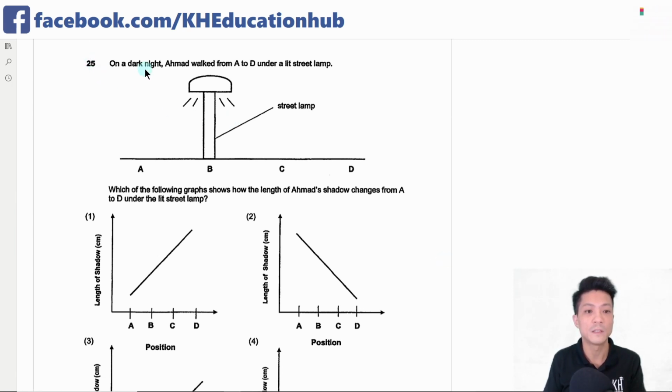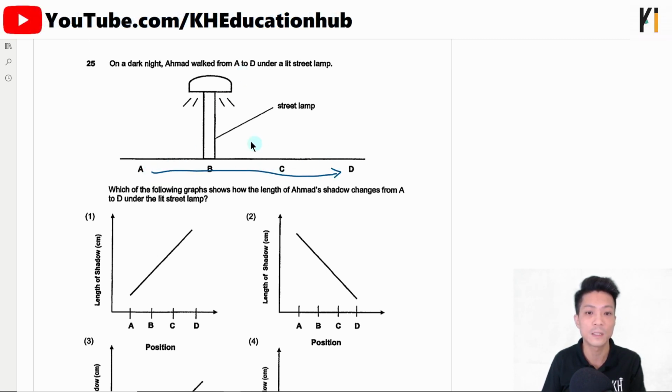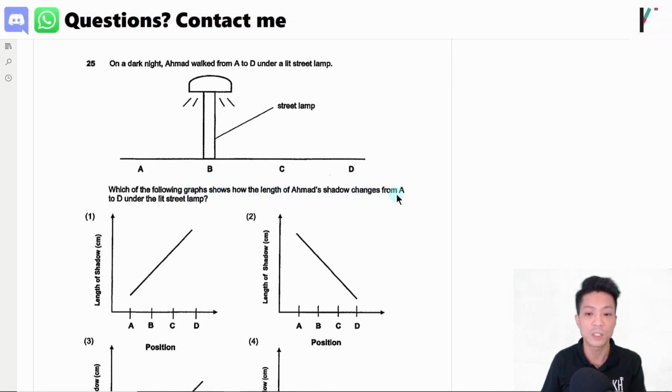Question 25. On a dark night, Ahmad walked from A to D, so from here to here, under a lit street lamp. Okay. So which of the following graphs shows how the length of Ahmad's shadow changes from A to D under the street light?